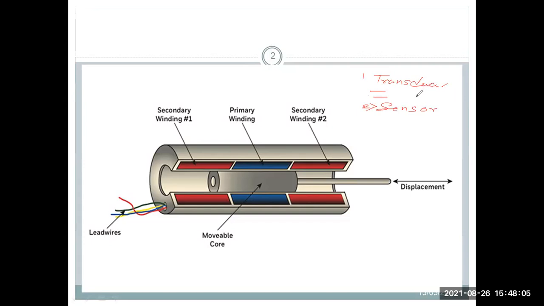This is just like a coin. This is one side of the coin, and this is the other side of the coin.